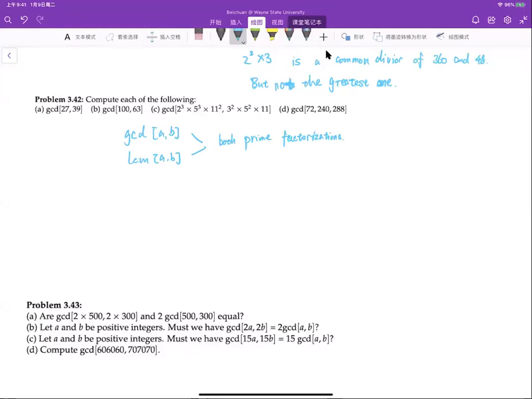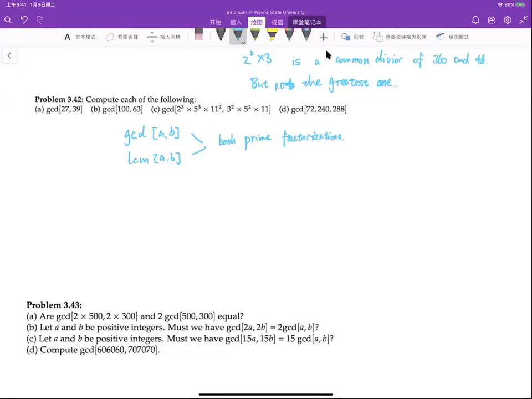For LCM, you need to find the one that contains all of the elements in both of the factorizations. But in GCD, you just need to find the greatest common part. Let's just do them one by one. Let me do it because we only have 10 minutes left.